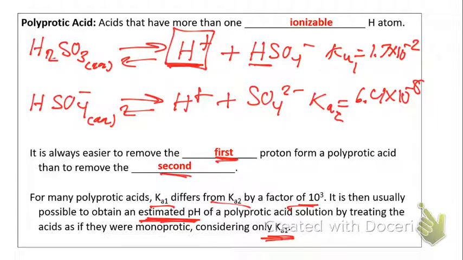And so you would use the icebox to calculate the H+ concentration of that, and then use that to determine the estimated pH. It won't be exactly the same because we still have a small amount of H+ from the second ionization, but most of the pH is contributed by the first one, okay?